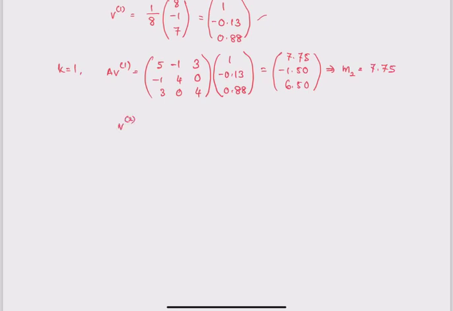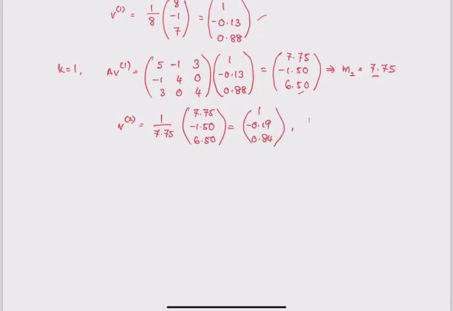And then we can calculate our eigenvector. The updated one is 1 over m, the largest one here is 7.75, multiplied by our matrix AV1, which is 7.75, negative 1.50, 6.50, and then we have 1, negative 0.19, 0.84.